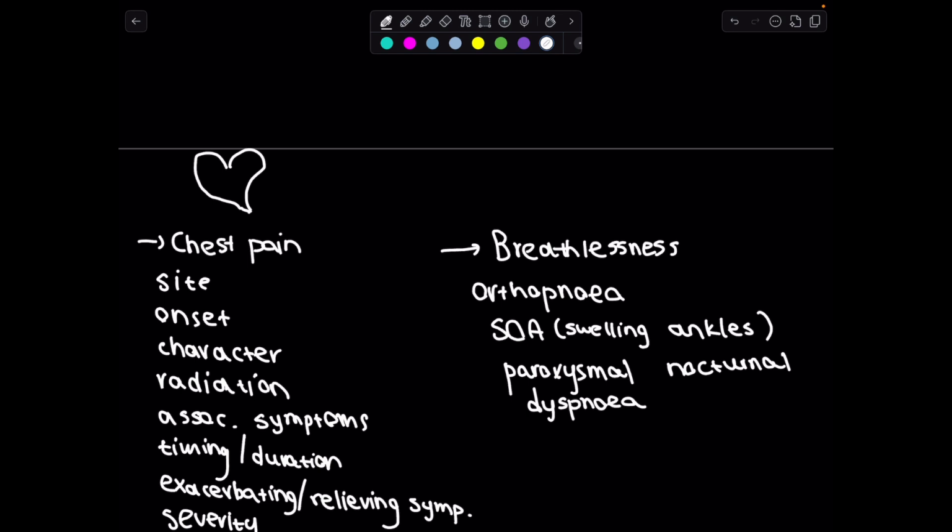Timing: intermittent, for example exertion triggered, or constant, severe heart failure. Exacerbating and relieving factors: worse lying down, orthopnea, better sitting up, exertion worsens. Severity: mild, exertion only, to severe, at rest, 8 to 10 out of 10.